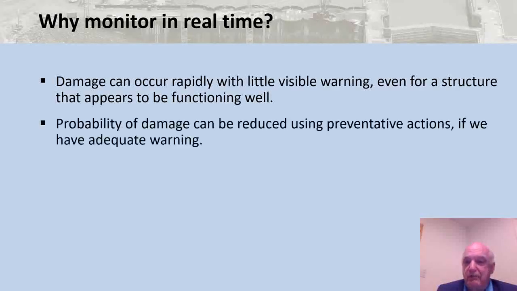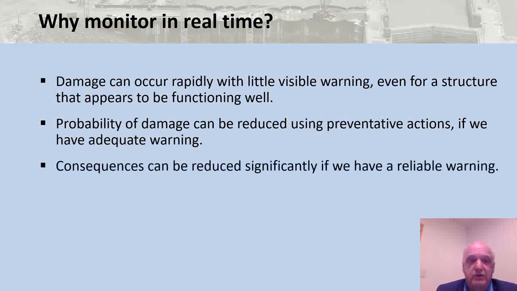Damage can occur rapidly with little visual warning, even when things look okay. You saw that example. Everything was fine, and then suddenly we get movements that are about to exceed allowable. The probability of damage can be reduced using preventative actions if we have adequate warning. So that means we're reducing risk.